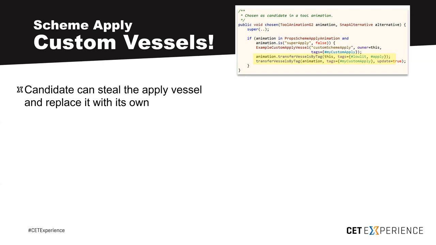So you see I've done that there. I have animation transfer vessels by tag, and I'm stealing the apply, and then I'm providing my custom apply. Make sure if you're doing this in chosen that you're giving the vessel back in abandoned so that the animation can continue working normally for other objects.